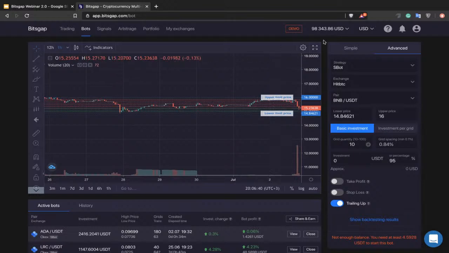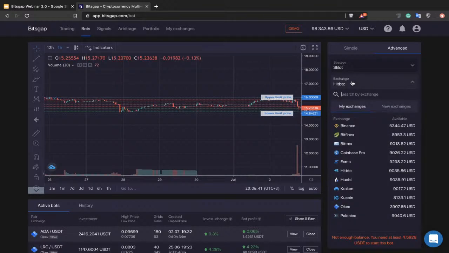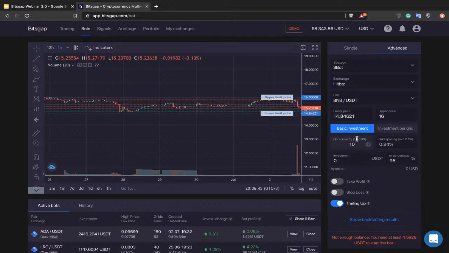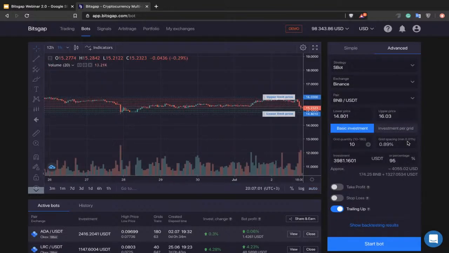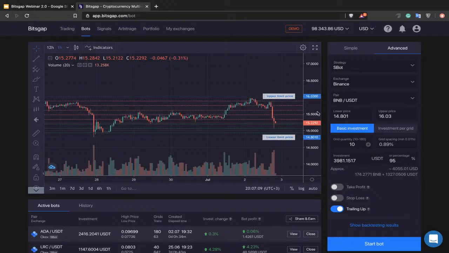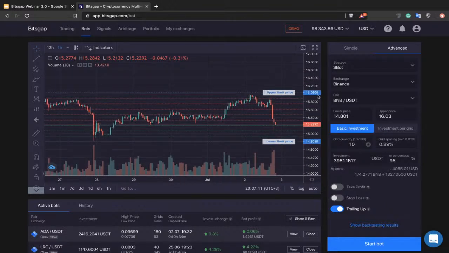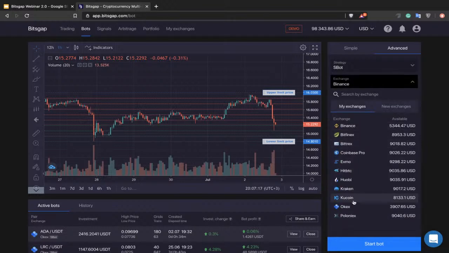And that is why, depending on the chosen cryptocurrency exchange, you will see that the grid quantity range can vary, and the grid spacing can be also different. So at HitBTC, minimum grid spacing can be only 0.1%, whereas at Binance it can be down to 0.01%. All right. So at Binance you can achieve the most narrow setup as you can, whereas at HitBTC it can only be 0.1%.